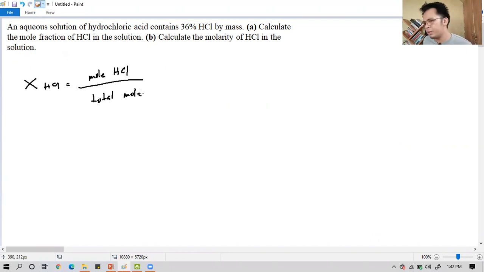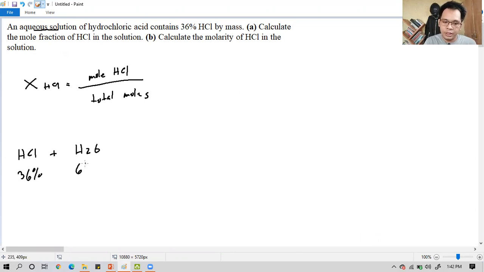Sir, only HCl is given, so why moles, in plural? Take note, guys: aqueous solution. When you say aqueous solution, the solute is dissolved in water. So the components of our solution are HCl plus water, where the HCl is 36%, so the water is 64%. That makes up 100%.